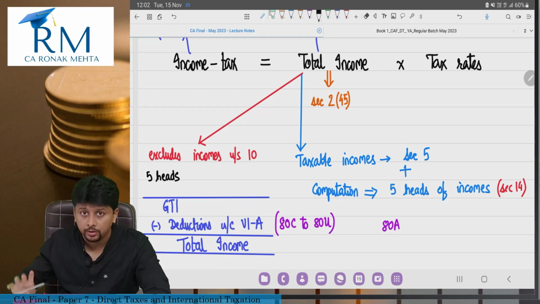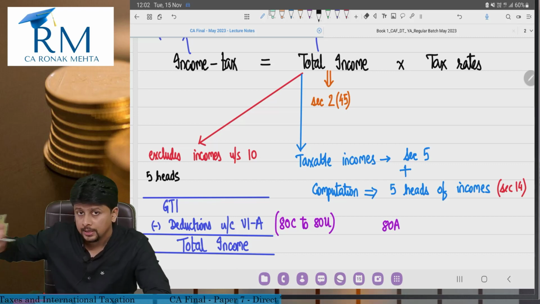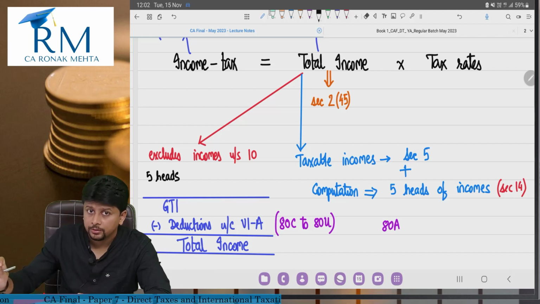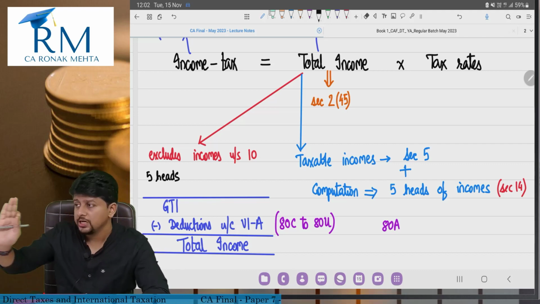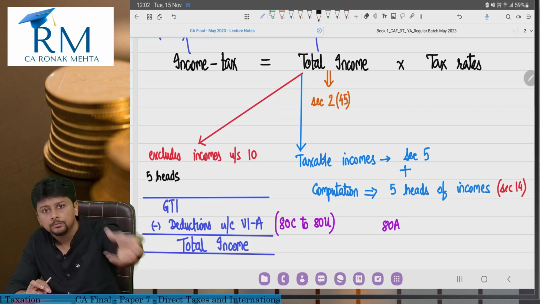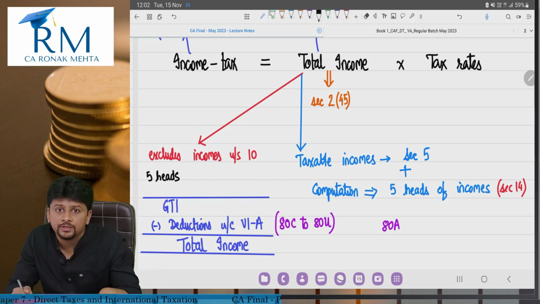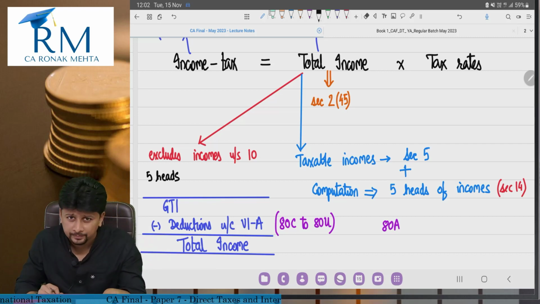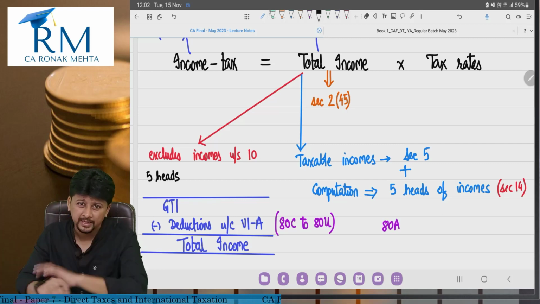I am definitely not taking up incomes under Section 10, but I am taking incomes which are chargeable to tax and putting them into the relevant head. Each and every head of income has its own computation system. So if I am getting 1,25,000 as income, it's not necessary that the full 125 is charged to tax. I might be able to take some expense deduction, and after that whatever is the taxable amount under the relevant head will be taken.